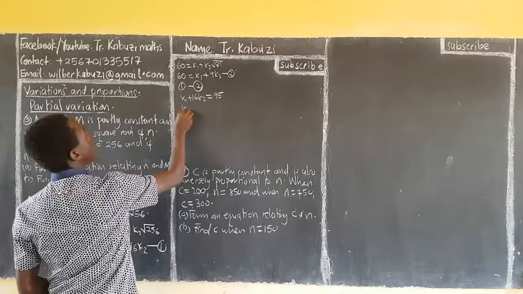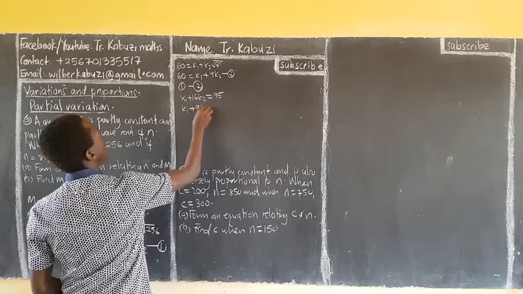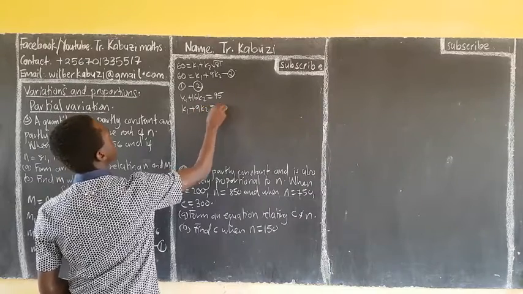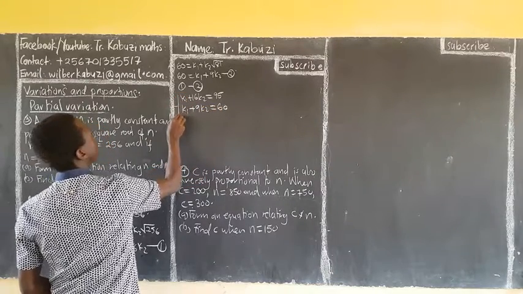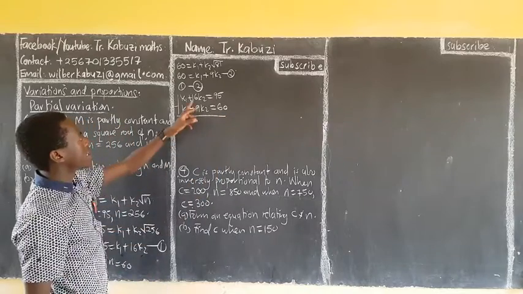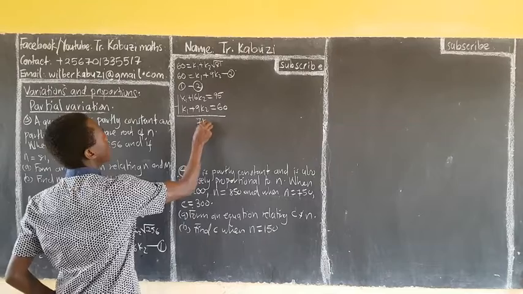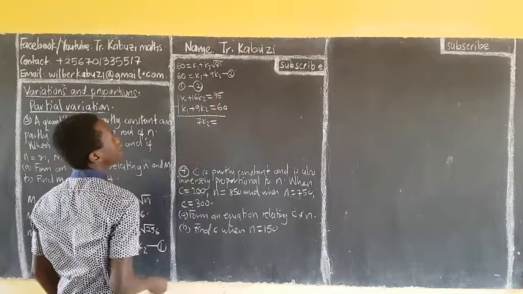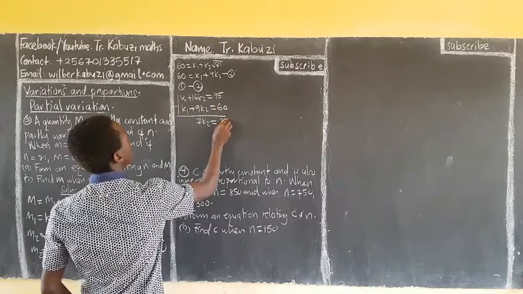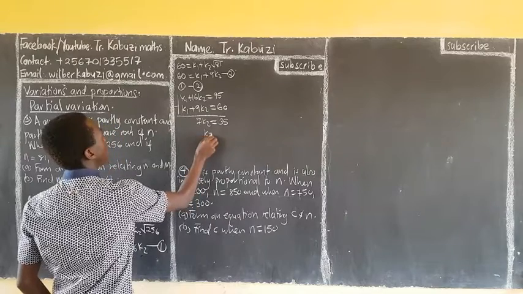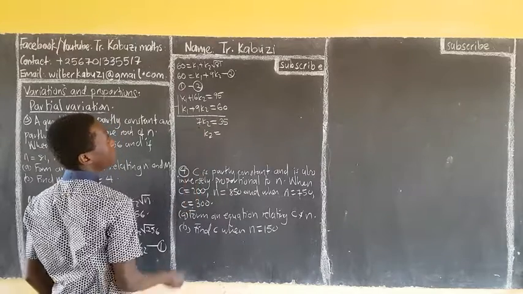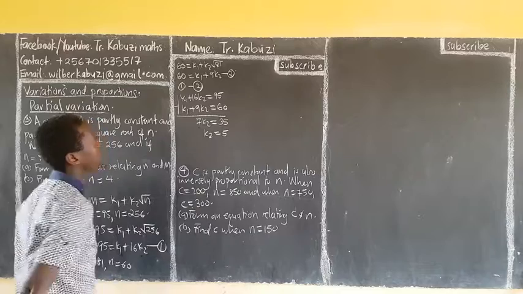Then here, k1 plus 9 k2 is equal to 60. Now I do subtract. So 16 minus 9, that is going to give us 7 k2 equal to this minus this. I think we get 35. Divide by 7. My k2, 7 by 7, is 5.